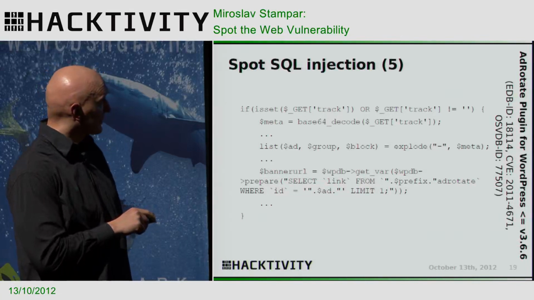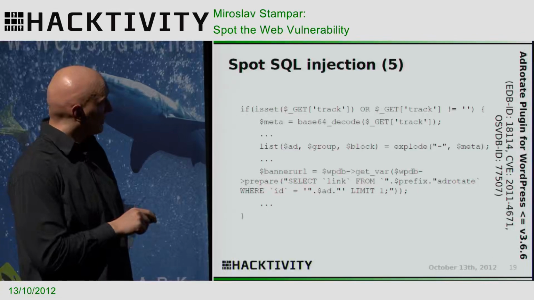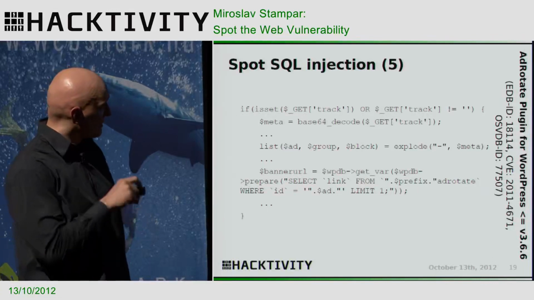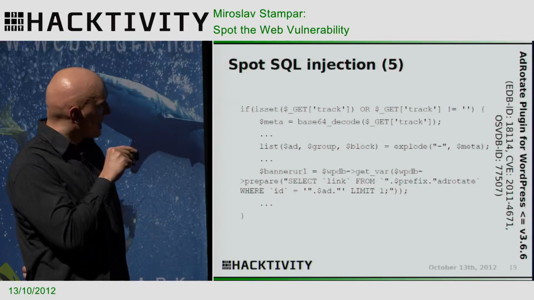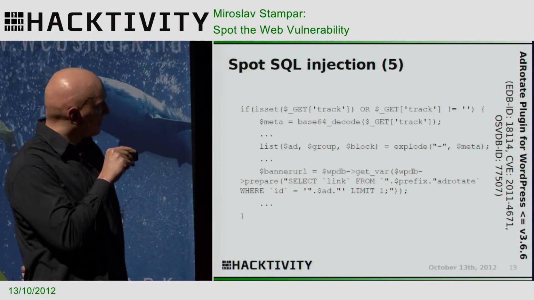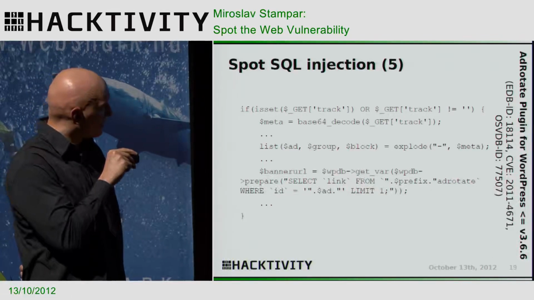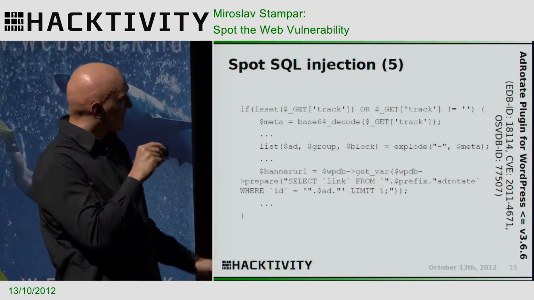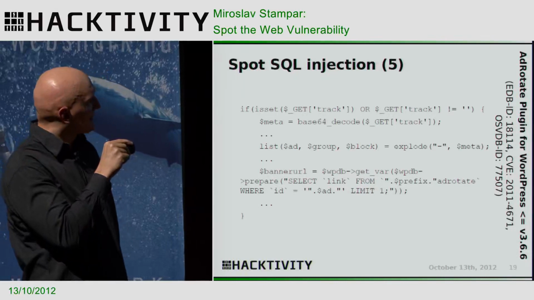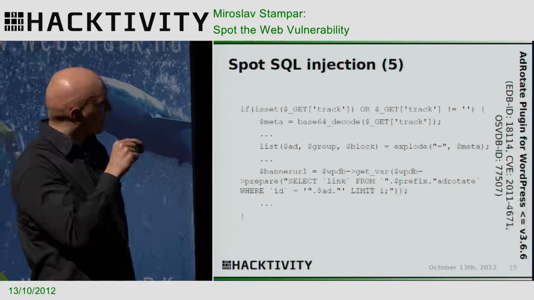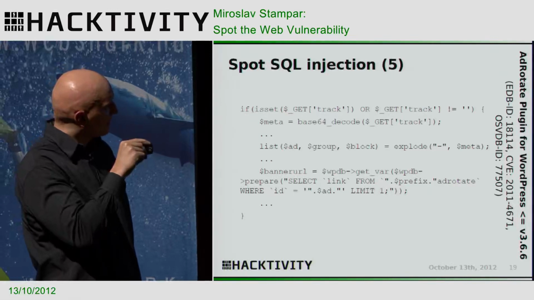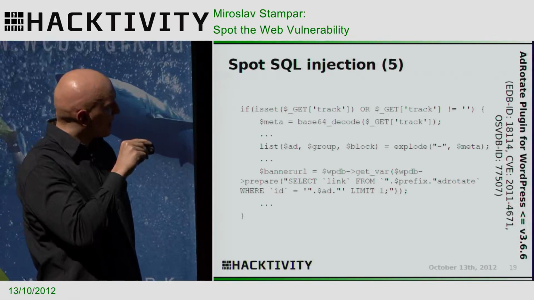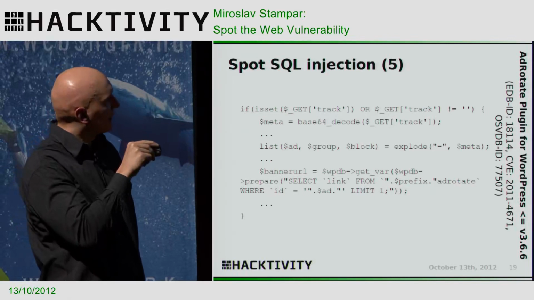Instead of concatenating that add parameter value into the statement, he will just need to make the mark that the add parameter value should go where wpdb prepare has it. I believe it's something like a percentage sign, and afterwards he will just need to make a comma and the value of the add.